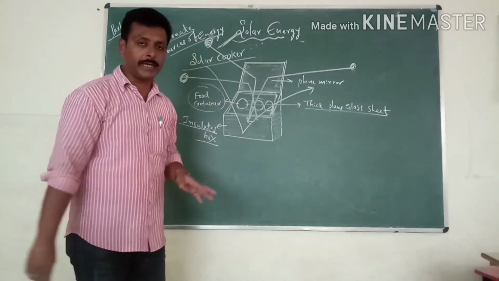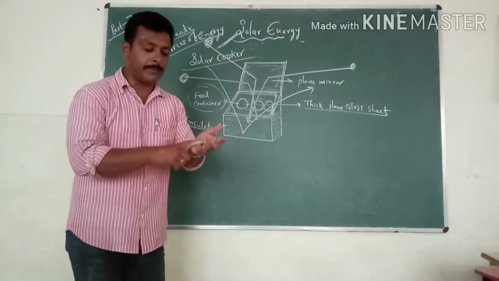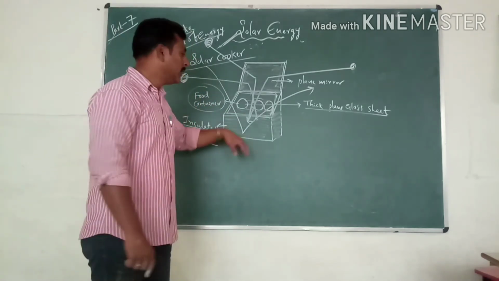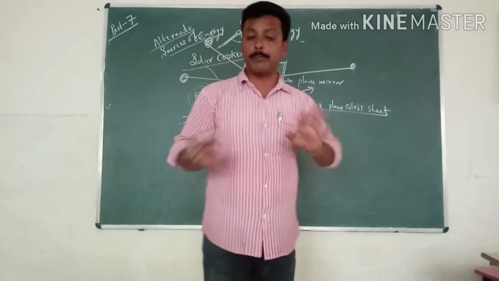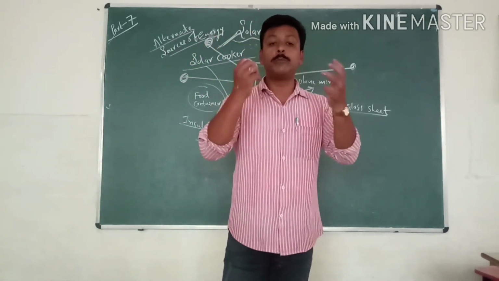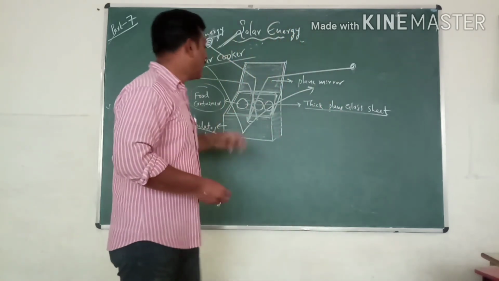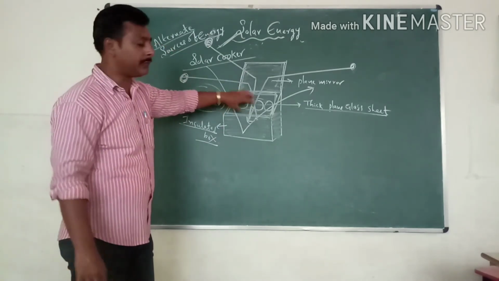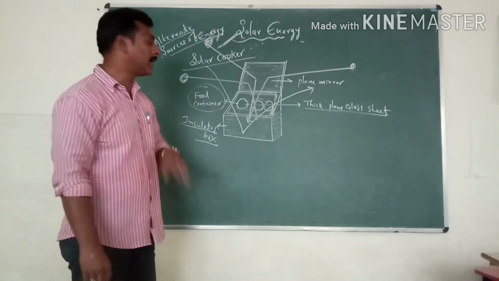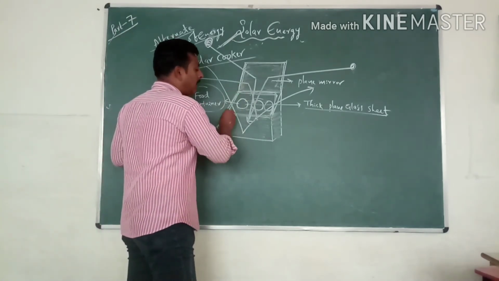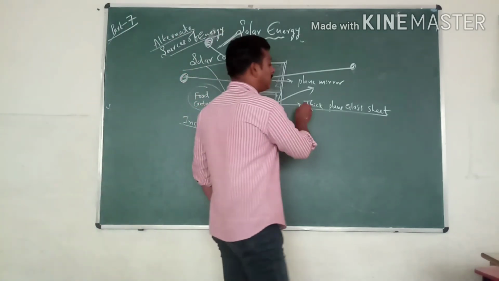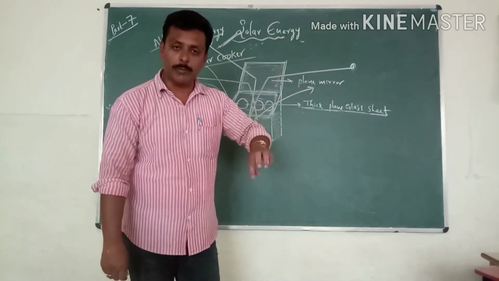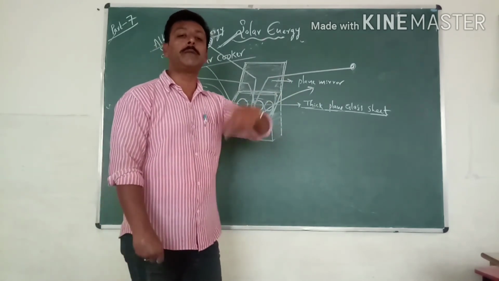So these are the important points. So it is made up of wood, से बना सकते हो, थर्मोकोल से या कार्डबोर्ड से. So it should be a bad conductor of heat. The internal surface is completely covered with black color because black is good absorbent of solar energy, and whatever food we are preparing that can be placed in a box, the outer surface of the box also painted with black color, and the surface of the box is covered with a thick plain glass sheet because it is allowing heat energy to enter into the box, but it is not allowing it to reflect back.